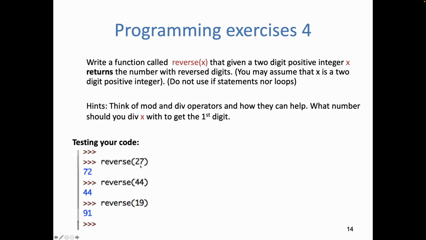Then 2 should be this part in the output. But how do you know the 7? It should be the remainder of 27 divided by 10. The remainder of 27 divided by 10 is 7, right?